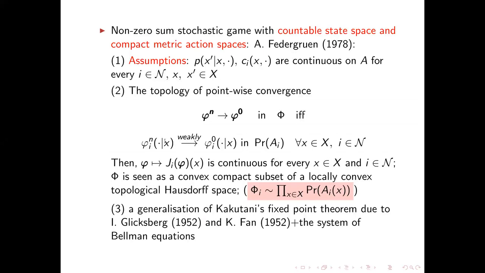So phi n given x converges weakly to phi 0 given x in the probability measures on the action set for player i.